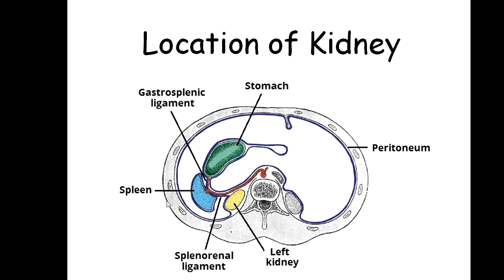It is in connection with the spleen through one part of the greater omentum, one part of the peritoneal layer. This is called the splenorenal ligament.